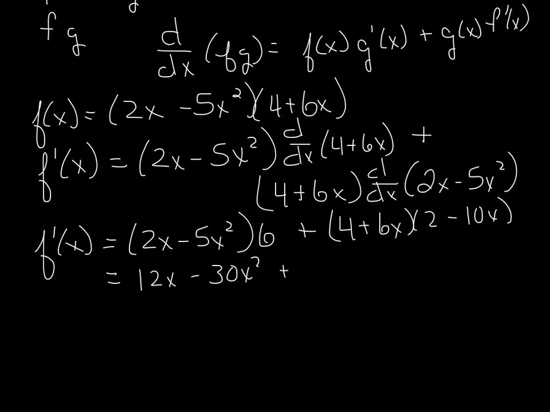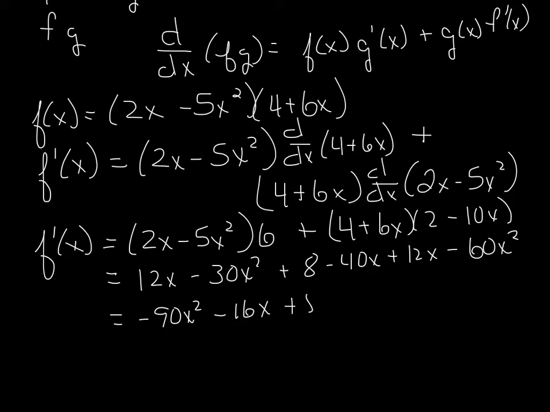Here we have to FOIL: 8 minus 40x plus 12x minus 60x squared, and so we get negative 30 minus 60x squared is negative 90x squared. Negative 40 plus 24x is going to be negative 16x plus 8, and here is our derivative for the product.